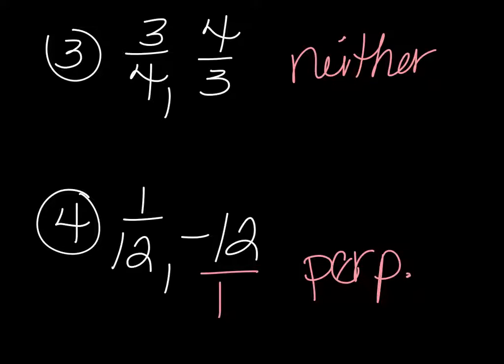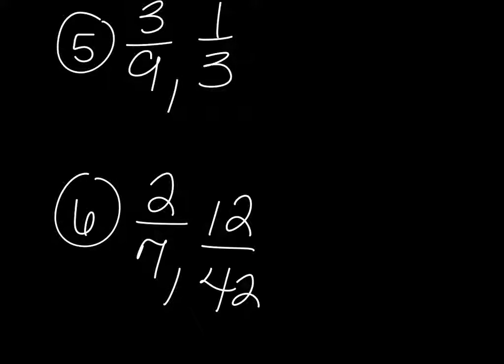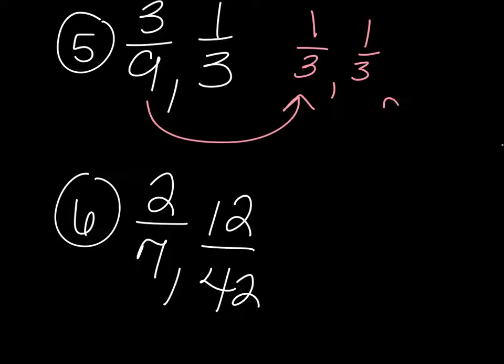Good job so far. Number 5, before I can evaluate, I'm going to have to simplify. 3/9 will simplify to 1/3. So what I have now, this is 1/3, and then I have another 1/3. So those are parallel.